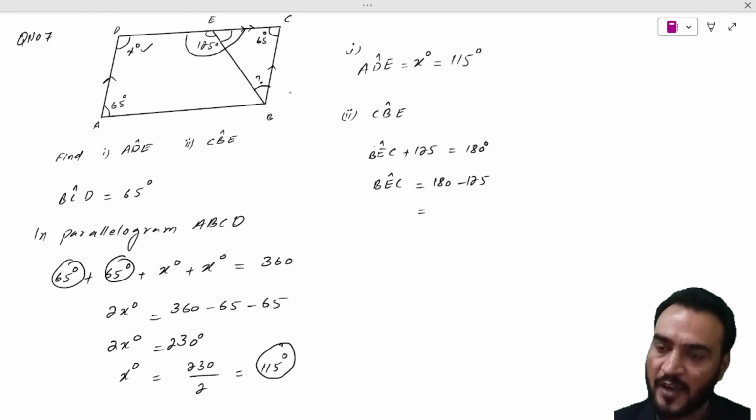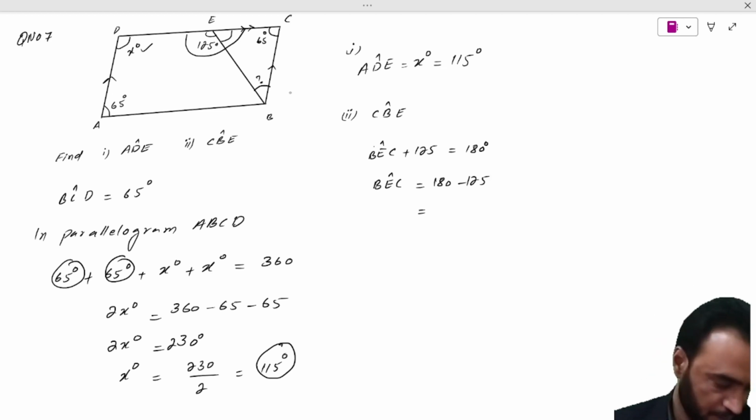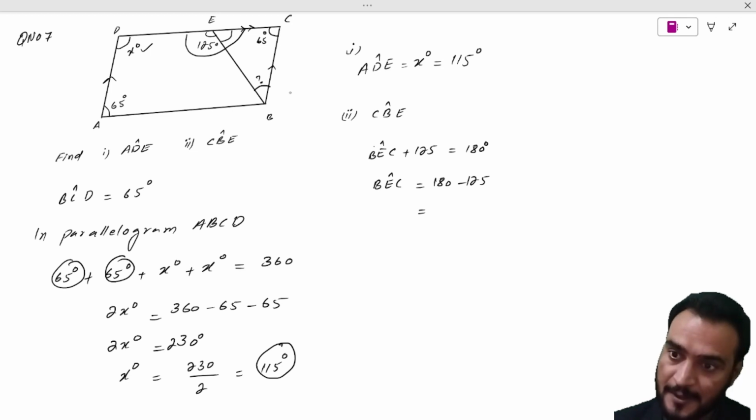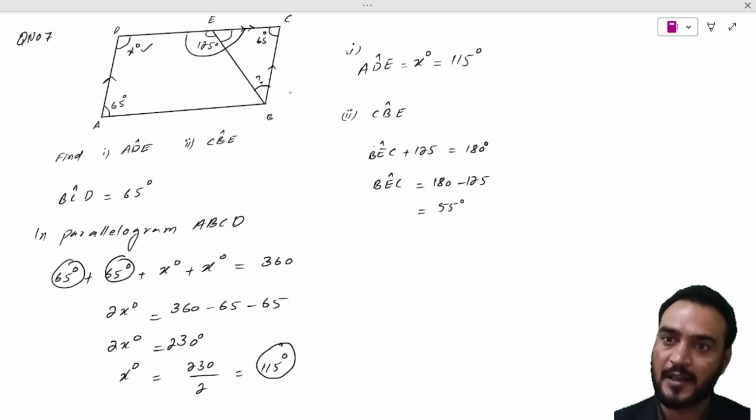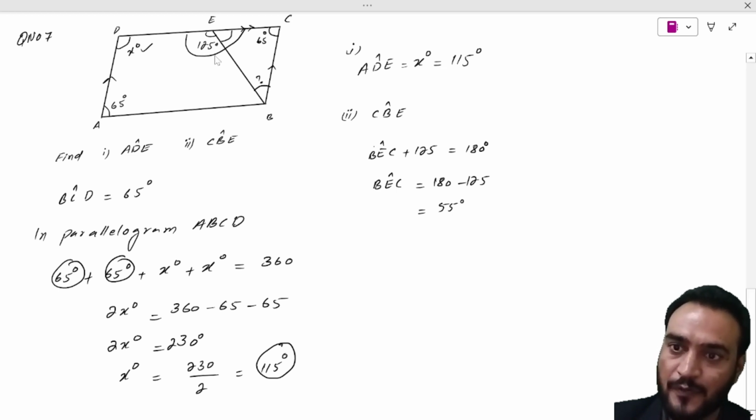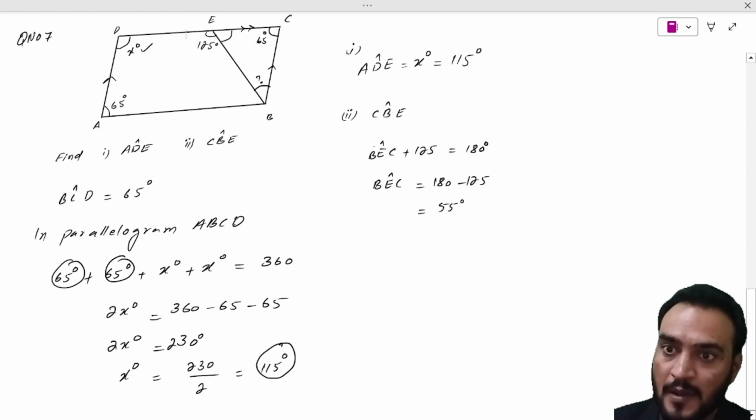Subtracting 125 from 180, we get 55 degrees. So this angle is equal to 55 degrees.